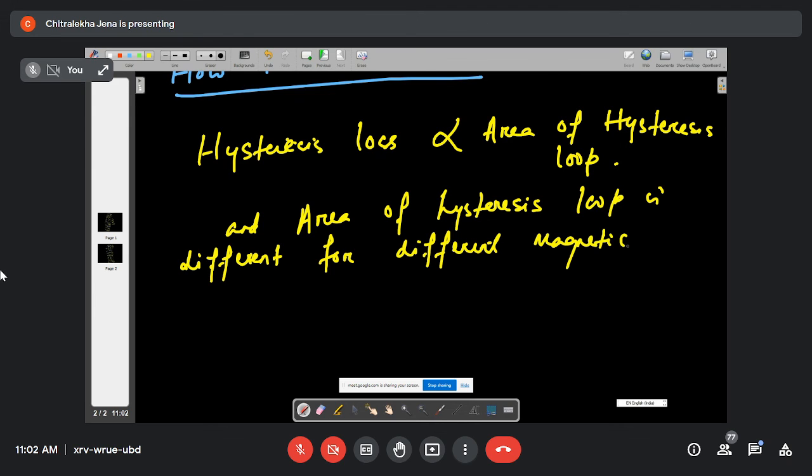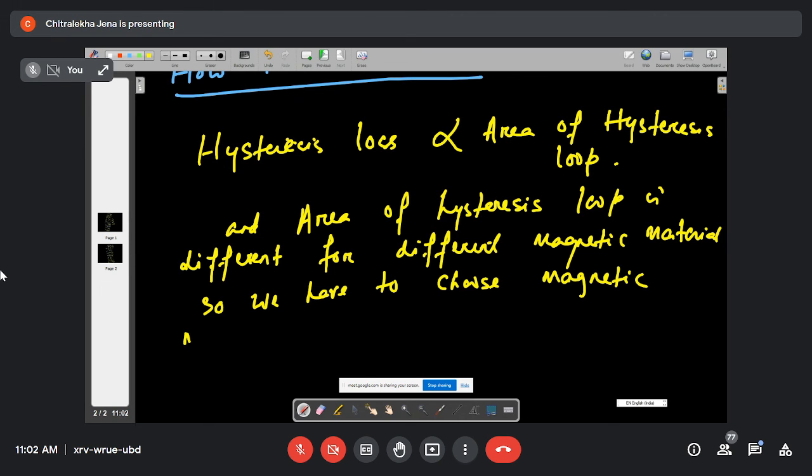So your answer will be, we have to choose. So we have to choose what? Magnetic material having minimum area. Yes, magnetic material having less area of what?